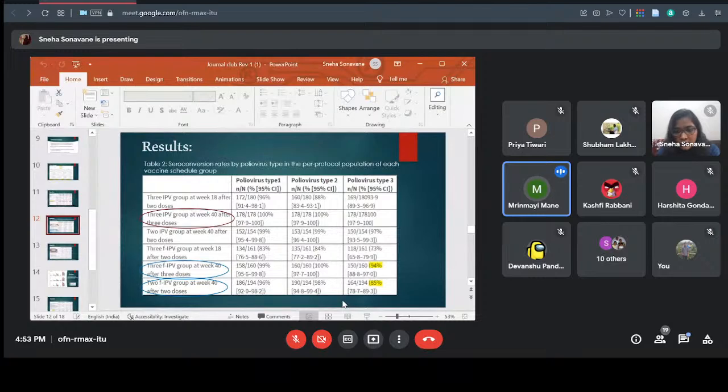And in the 3 IPV group, we administered the first 2 doses at 10th and 14th week, which means higher seroconversion rates were observed when the vaccine was administered in a delayed schedule, that is at 14th and 36th week of age as compared to the 10th and 14th week of age. Similarly, same results were obtained when fractional IPV was used. Can we go back to the discussion slide?